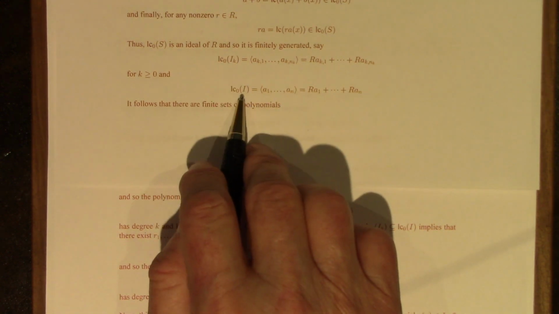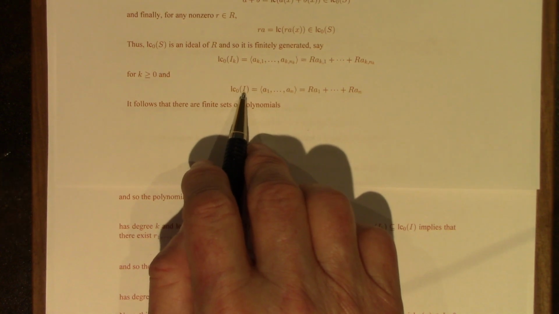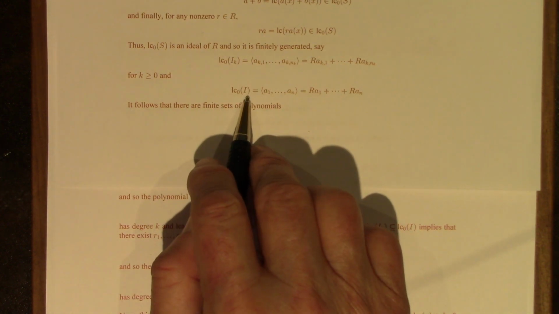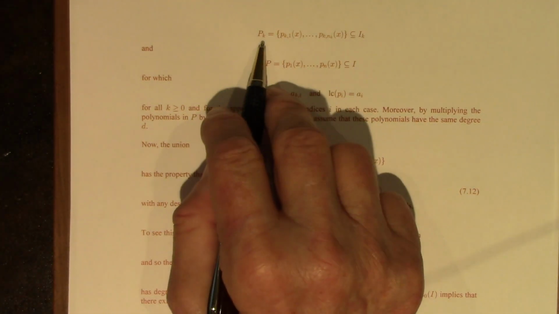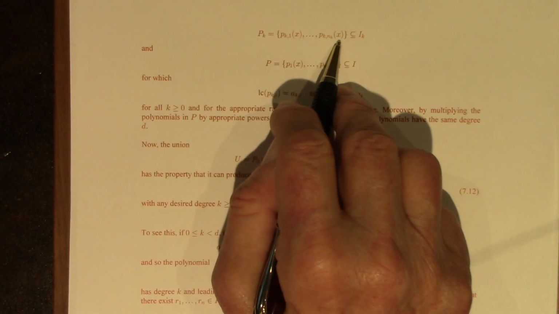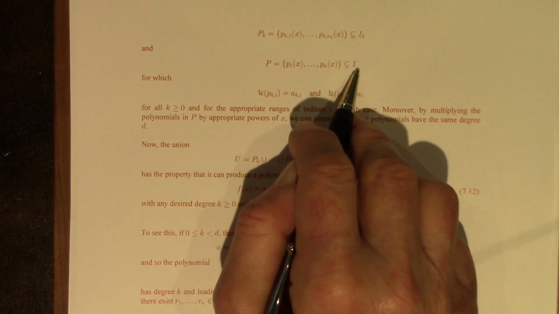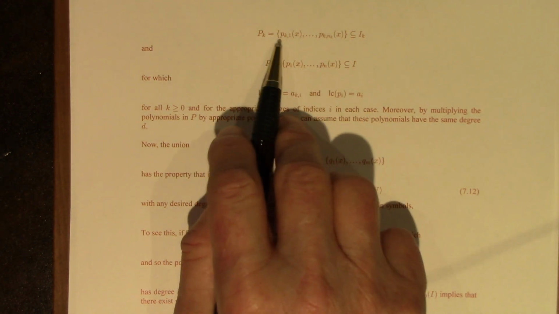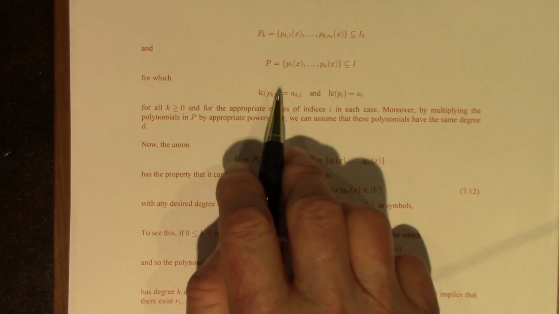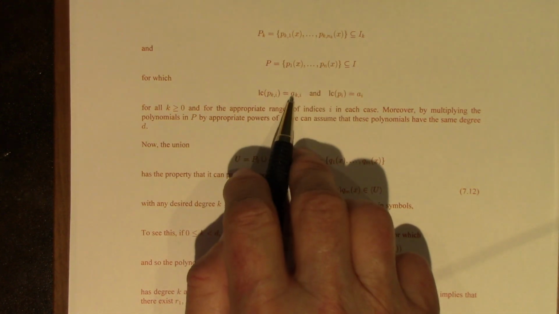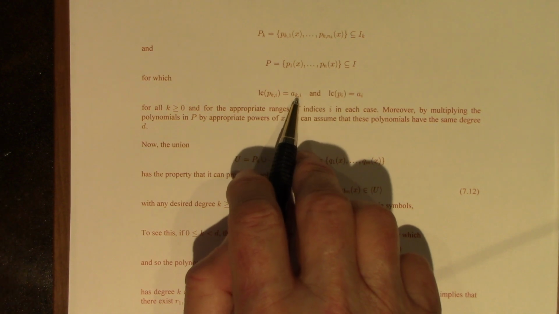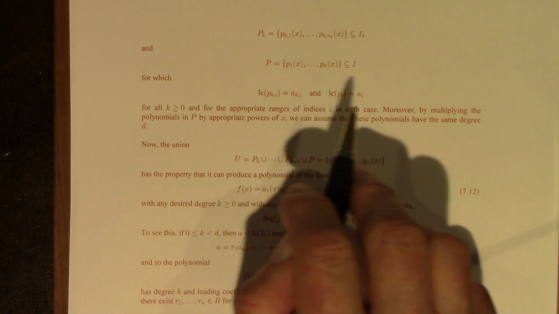Now remember, these are leading coefficients, so they come from polynomials belonging either to I sub k or to I. So there are finite sets of polynomials, p sub k, this finite set contained in I sub k, or this finite set contained in I, for which the leading coefficient of one of these polynomials, p sub ki, is a sub ki, one of the generators of these previous ideals here.